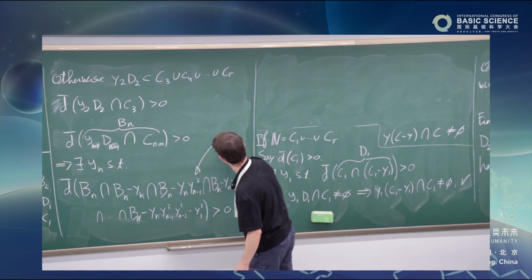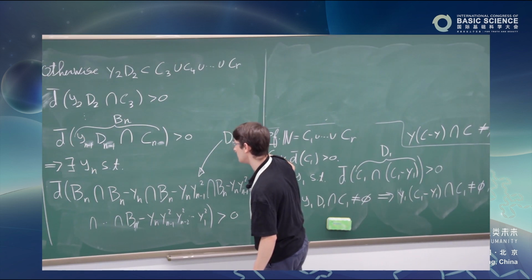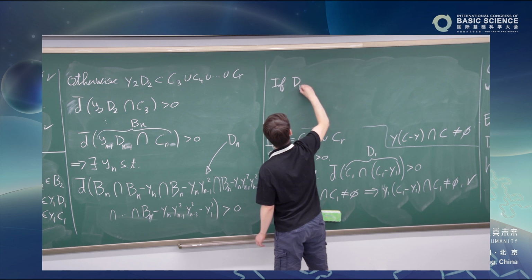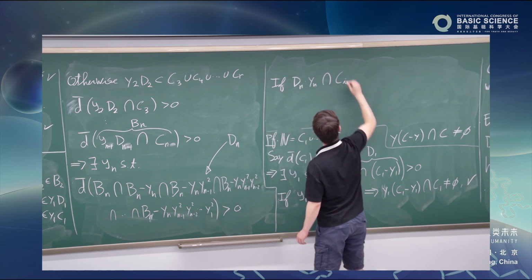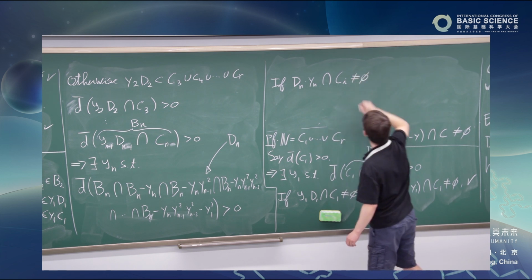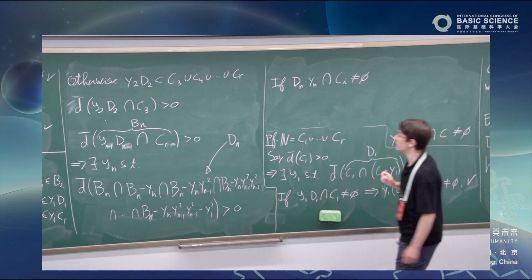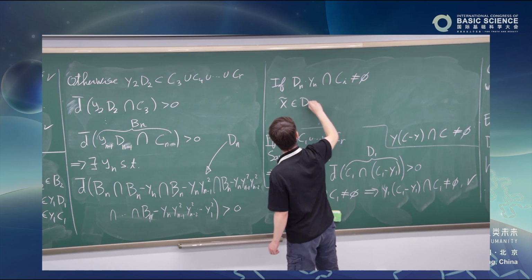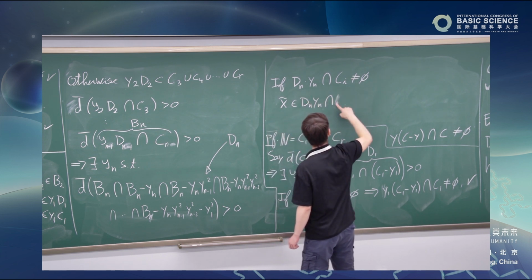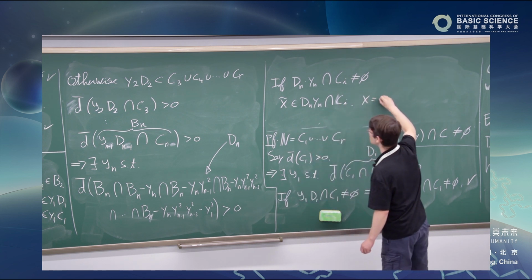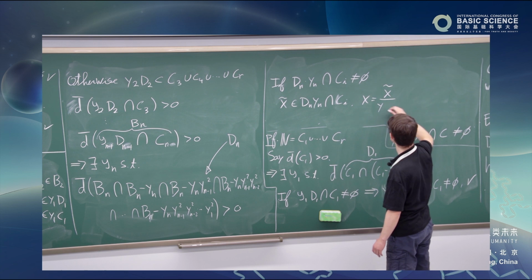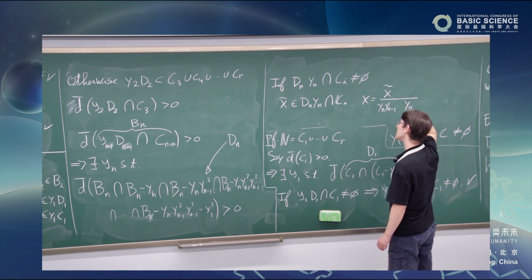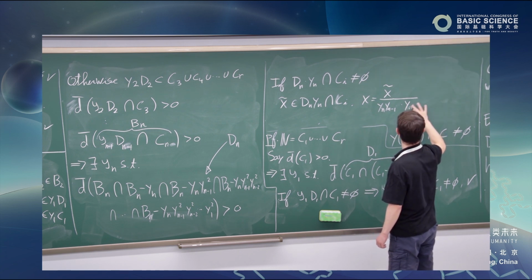Which again I forgot to give a name, so this would be dn. And then if dn times yn intersects some ci, if this is non-empty, then I can always find x tilde in here, in ci, and x will be just x tilde divided by all the y's, yn minus 1, down to yi.